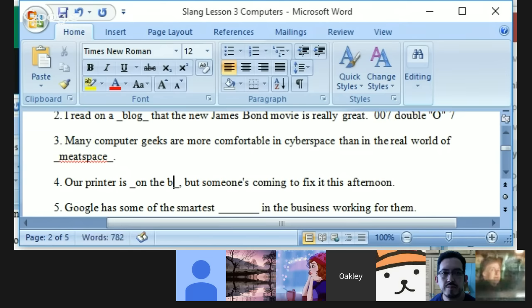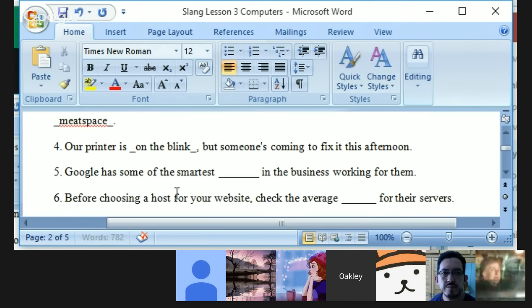You would say there's a glitch in the computer, you could say it that way, but the way the sentence is constructed, you need a prepositional phrase here. Our printer's on the blink. Someone's fixing it this afternoon. Again, the idea with on the blink is that it's a temporary situation. It will be fixed this afternoon.